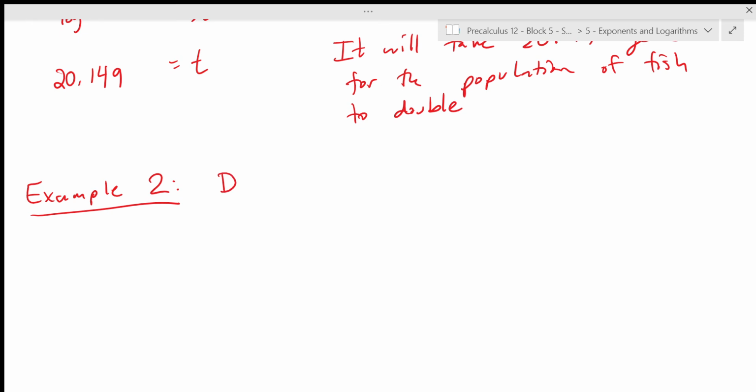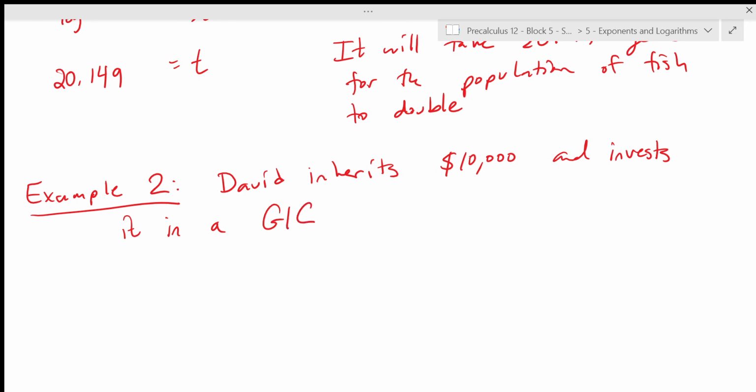So we have David inherits $10,000 and invests it in a GIC at 6% compounded semi-annually.